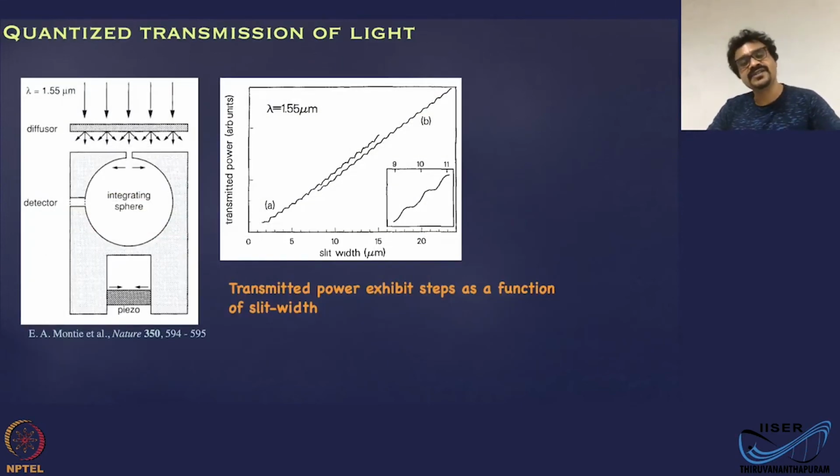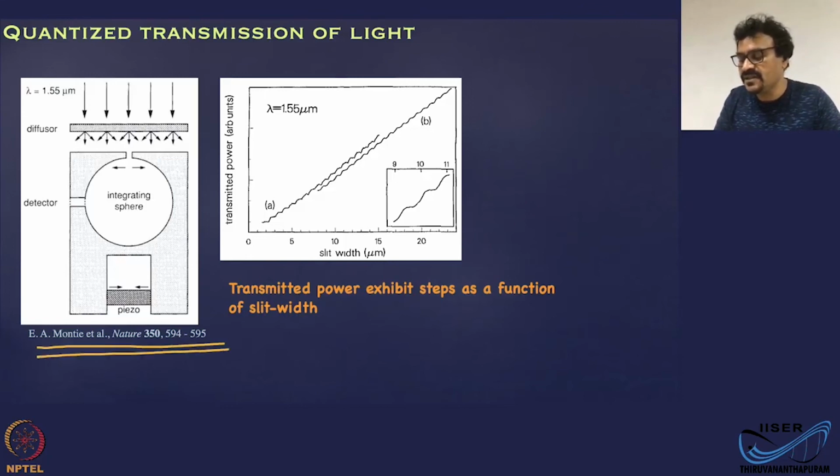Now, very interestingly, you can also see quantized transmission of light. There is a landmark experiment published in this journal. What you have is a source of light. Of course, you have a diffuser, which is going to make it uniform.